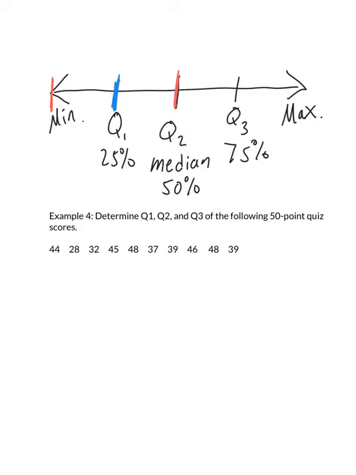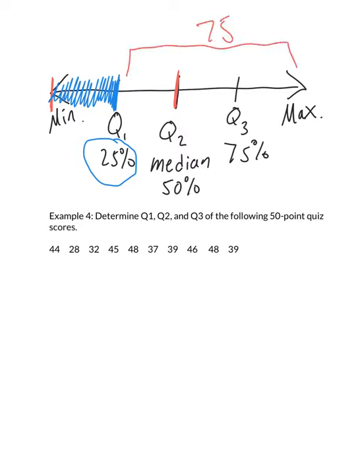And if somebody scored at quartile 1, that means they only scored better than 25% of the overall population. It also implies that, because you do 100 minus that 25%, 75% of the population scored better than them.